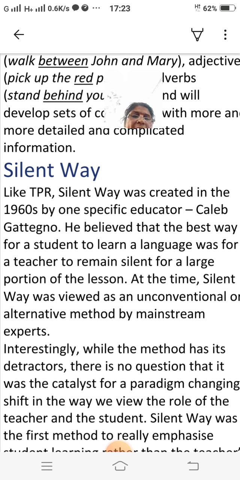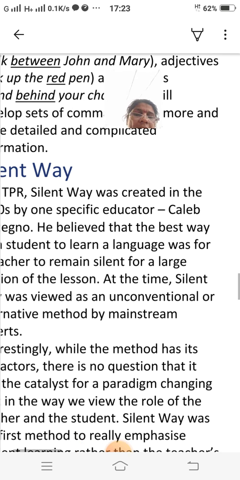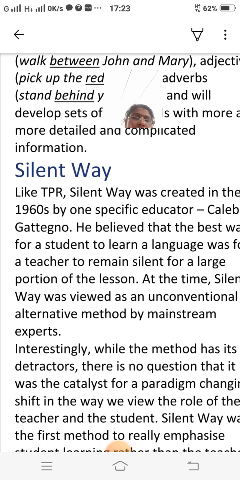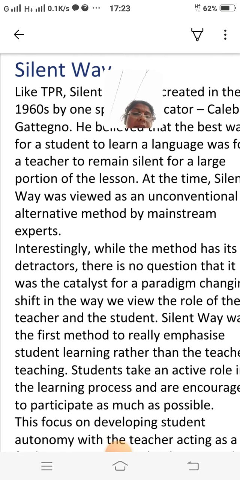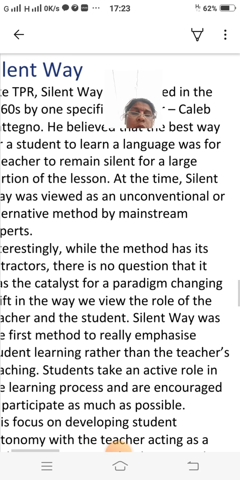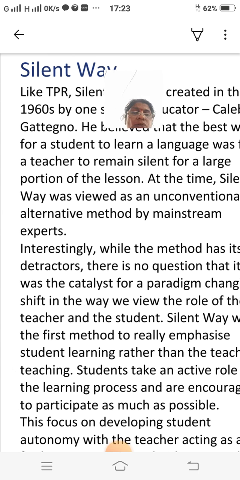Interestingly, while the method has its detractors, there is no question that it was a catalyst for a paradigm-changing shift in the way we view the role of the teacher and the student. Silent Way was the first method to really emphasize the student's learning rather than the teacher.